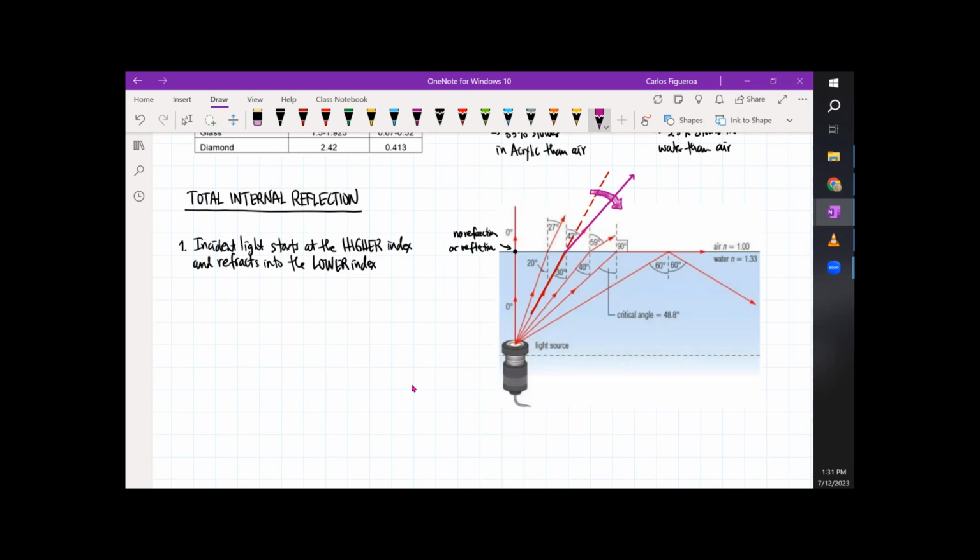So at the boundary, there is partial reflection, refraction.